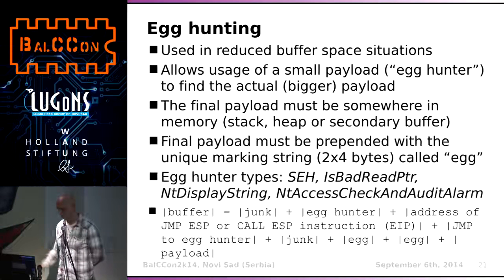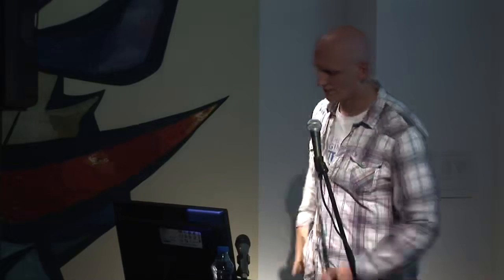In most cases, payloads like those for a reverse shell are large in size, like 350 to 500 bytes. So you have 50 bytes which you can use for the execution, but you need to squeeze in the 350 bytes. So here comes the egg hunting.